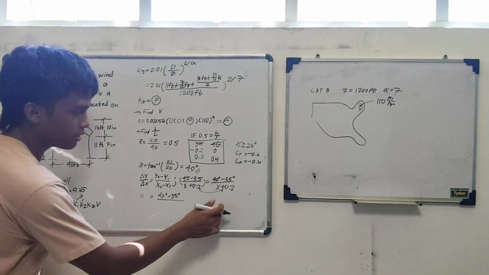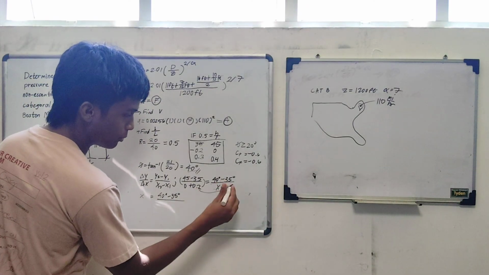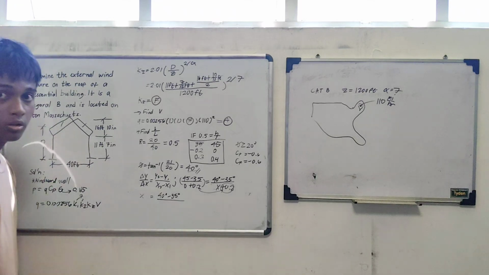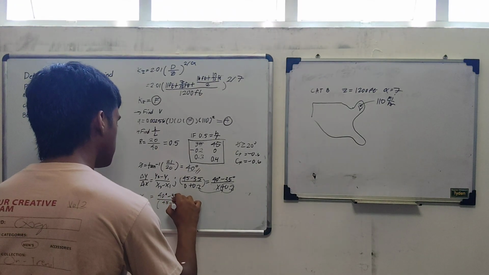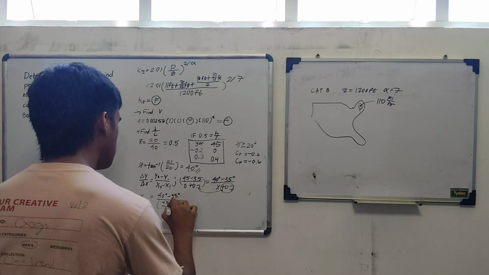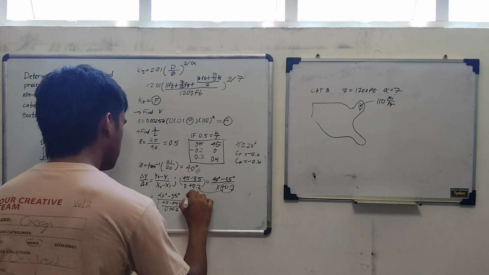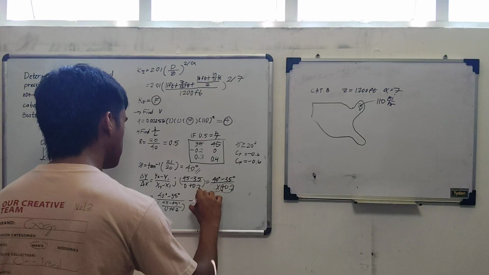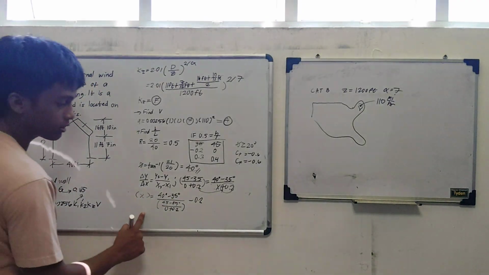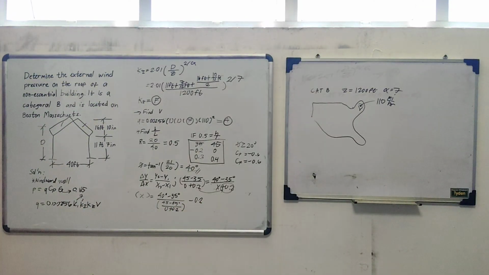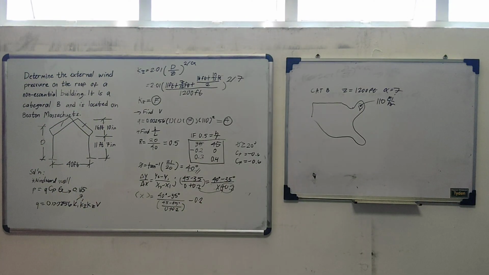And once I put this on the denominator, this 0.2, I have to minus it. We have 45 minus 35, 0 plus 0.2, and then we have to minus it by 0.2. Since it is plus 0.2 on the other side, all I have to do is just minus it. So we have 5 minus, and this is also 5.